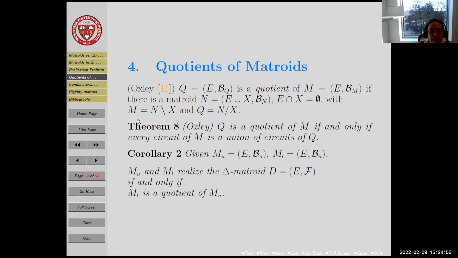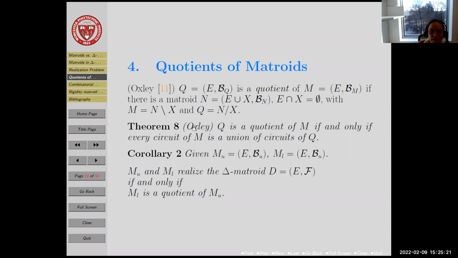But what we get out of this is that one of the matroids is given, namely the big one, is actually N, where X is contracted, and the Q that we want to realize as a quotient is the contraction of N with respect to X. So here, this is the deletion of X from N.